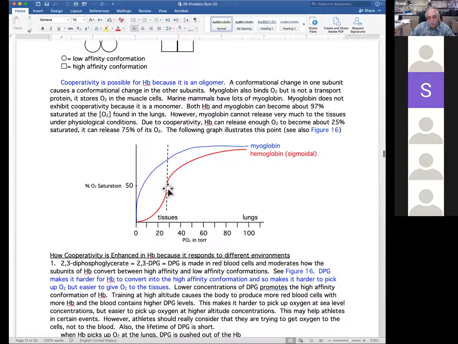So this sigmoidal area right here is what we mean by cooperativity. Myoglobin has no cooperativity because it's only a monomer. But the whole idea of us talking about cooperativity is how this protein responds to the environment to work best to get oxygen to the cells that really need it.